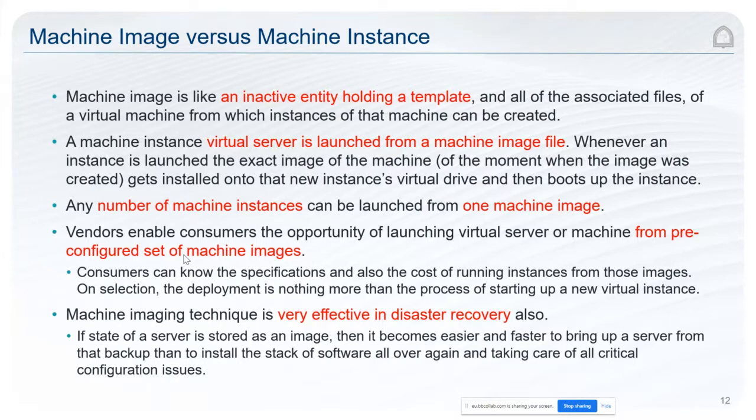We can have different configuration for each machine image, and this is the power of machine images. And the machine images are effective in disaster recovery because if one instance is destroyed, you can retrieve the data again from the original machine image.